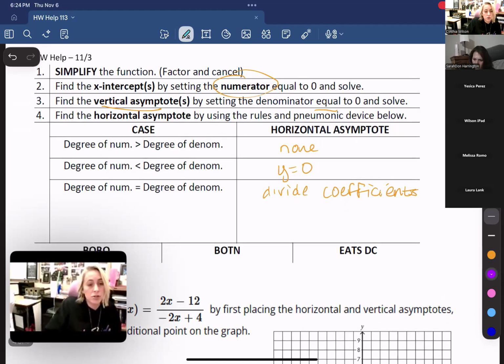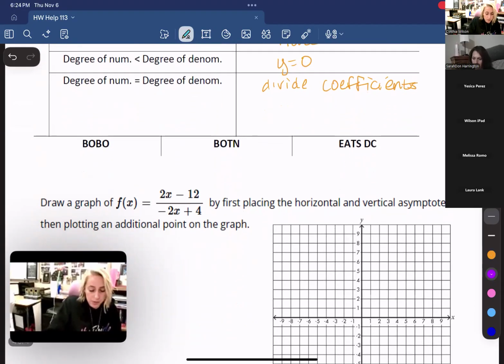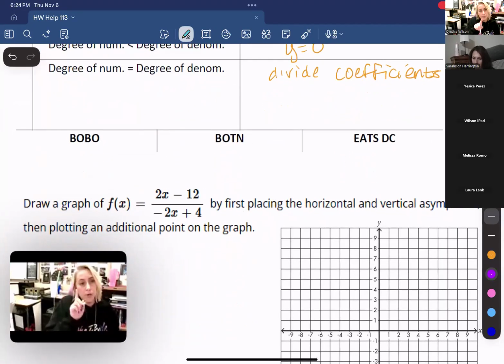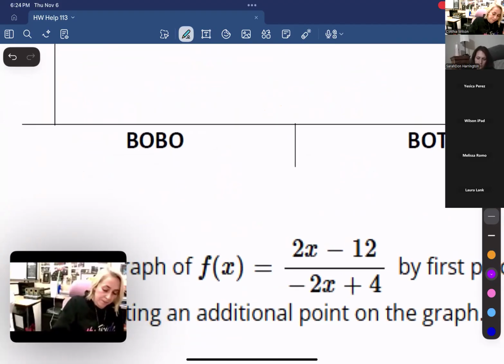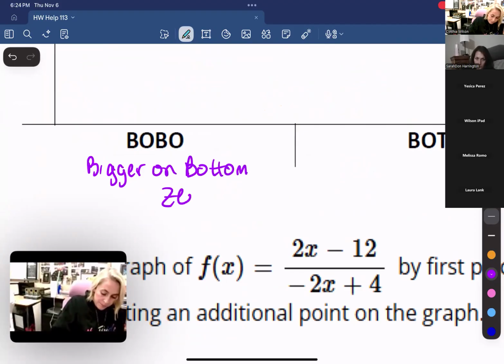It is a stupid mnemonic device, but oh my gosh, it works so well. It is BOBO BOTTEN eats DC. Ridiculous sounding, but I swear it works. BOBO means bigger on bottom, so if the degree is bigger on bottom, automatically y equals 0.